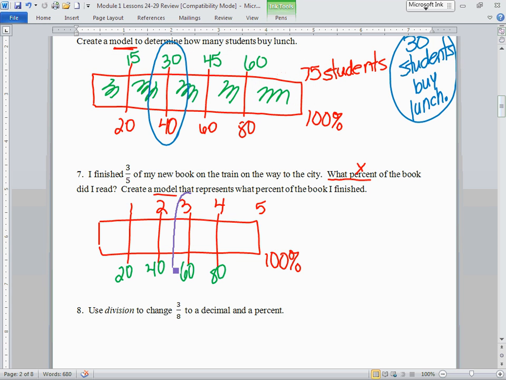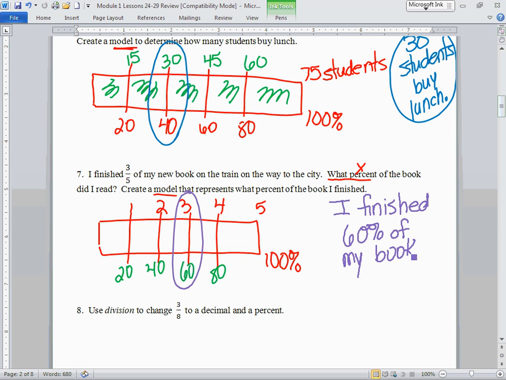So 3/5 is what percent? Right. And there's my answer in a full, complete sentence.